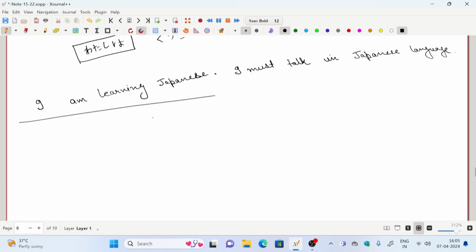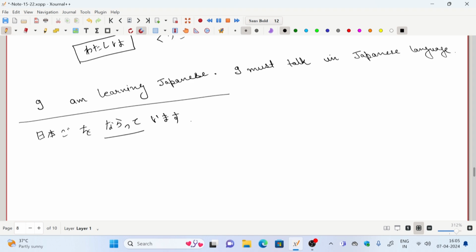So if I say I'm learning Japanese, Nihongo o naratte imasu. Naraimasu, the te form will change into naratte. Nihongo o naratte imasu.